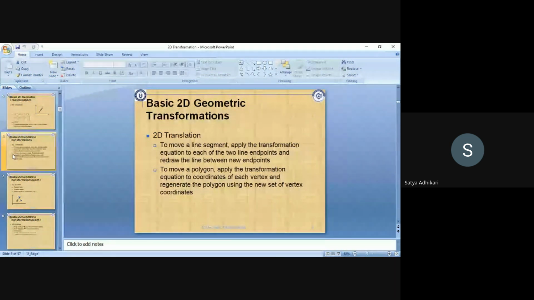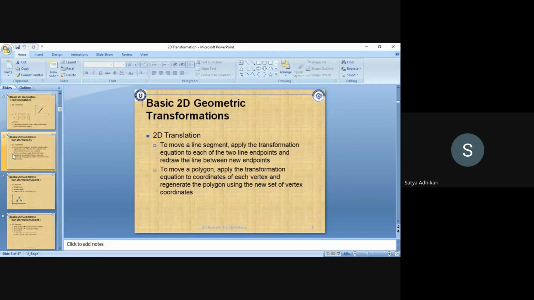Similarly, in the previous example, a point is only moved. Suppose the image is a line. We have to translate the entire line. You know that a line consists of several points.